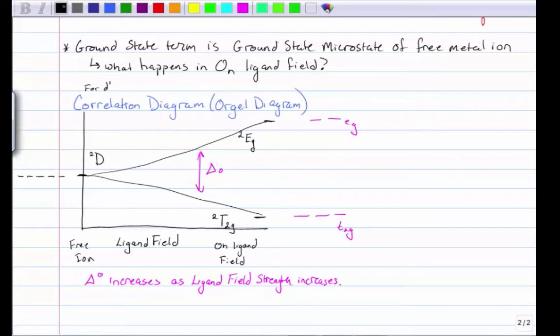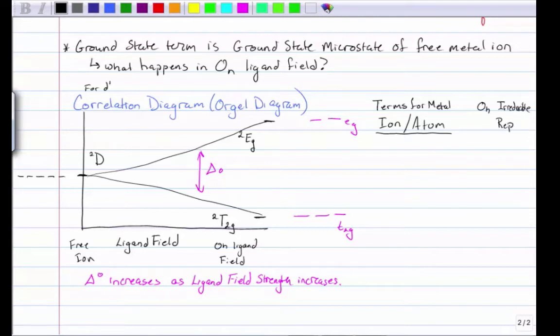It turns out that in an octahedral ligand field, you will always split the ground state terms. So I'm going to write the terms for the metal ion, or the metal atom, here, and then I'm going to write what they split to in an octahedral field. This is really just the octahedral irreducible representation.